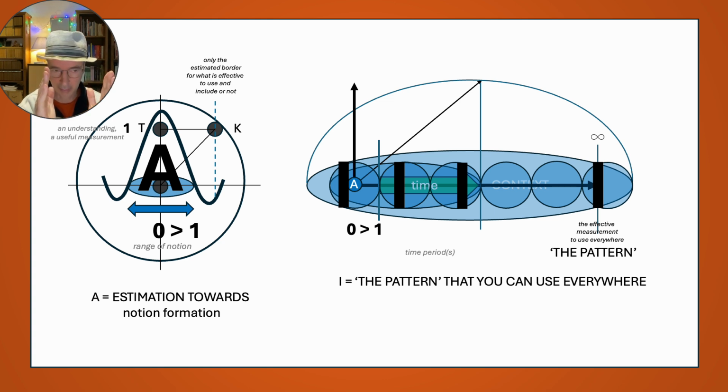If we can define it very well, this letter I has a very clear border where it is, and this border can also be used to measure time periods, so between one period and another period. So in between that it will also fit, and also the larger patterns. This is the letter I. This is the pattern you can use everywhere.